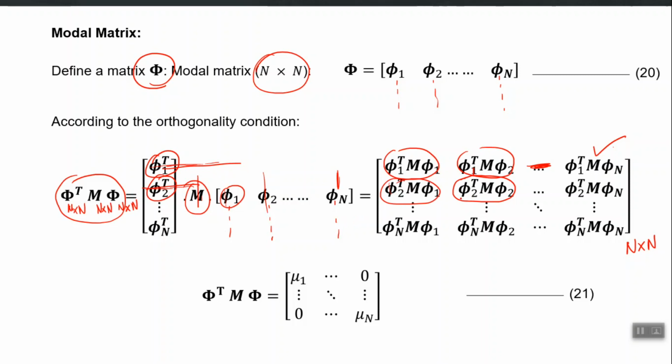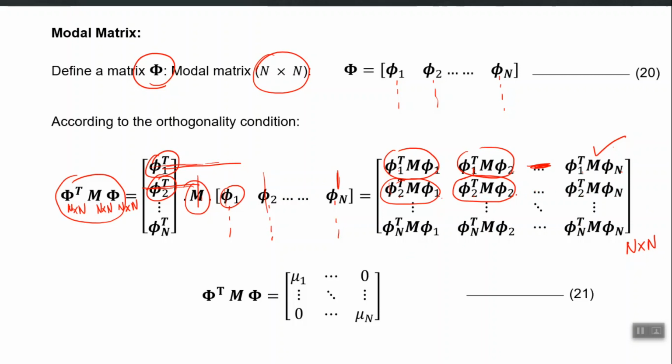So you will see that in this product matrix all the diagonal values will have the same mode shapes and off diagonal values will have different mode shapes. So here you have 1 1, but here you have 1 and 2, 1 and n, but in the second row you have 2 and 1, 2 and 2, similarly 2 and 3 up till 2 and n, and the same pattern continues.